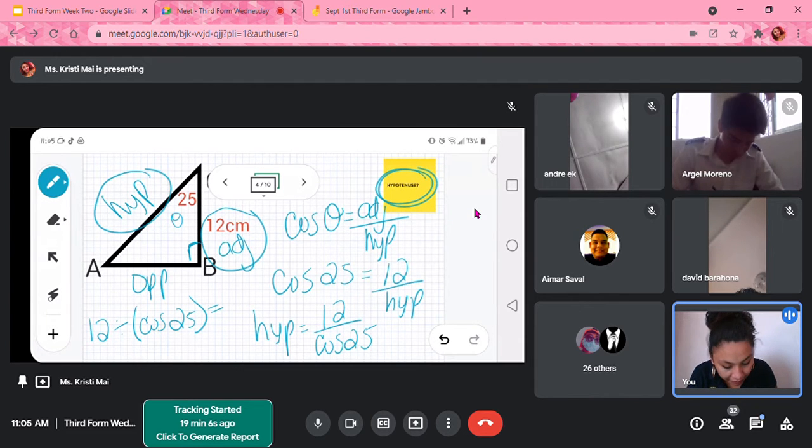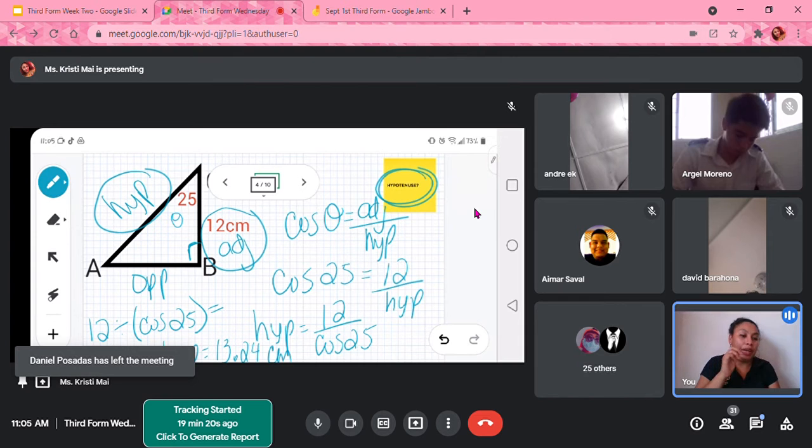So my hypotenuse, and I'm going to write it here at the bottom, 13.24 or 13.2. One decimal point works fine. You don't have to write the entire decimal that is there. And then centimeters. So that is going to be your answer.